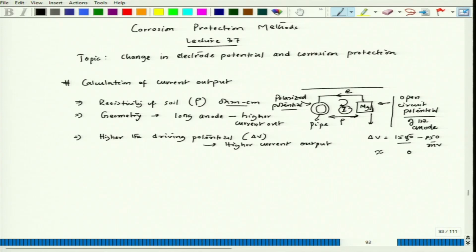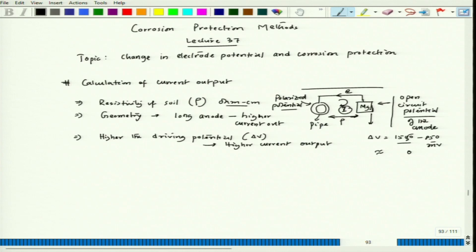At the same time, when we try to measure soil resistivity, or the polarized potential of the sacrificial anode or the pipeline, we have to connect the terminal between the pipe and that particular copper sulphate reference electrode.